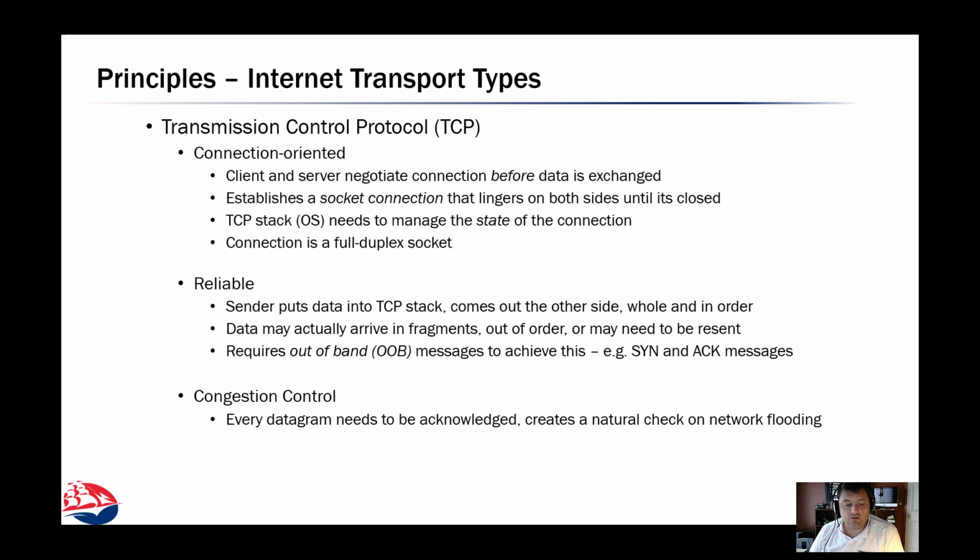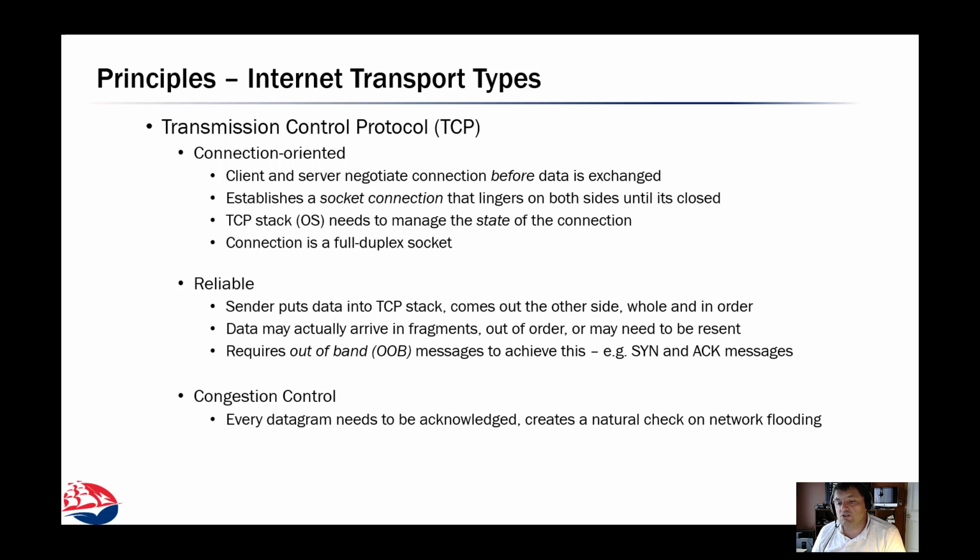So to send 1K of data, I might send 10 or 12 messages or more if I have to do a bunch of retransmits. So there's going to be overhead for this reliability. And that's one reason why we'll see applications sometimes look for UDP for non-reliable but higher bandwidth.